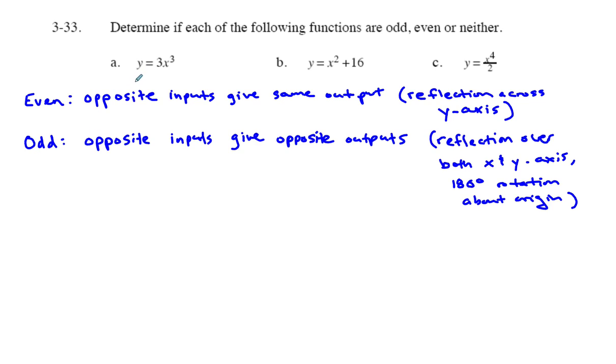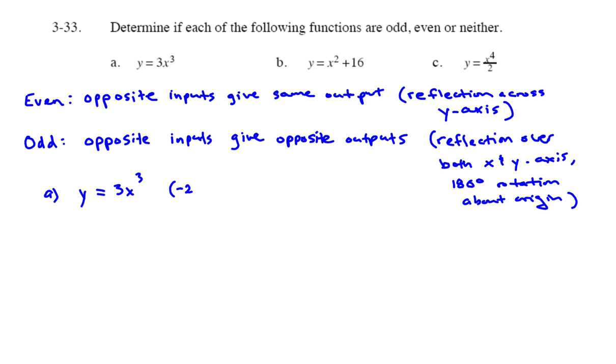The easiest way, I think, to determine if it's even, odd, or neither, which wouldn't follow either of those rules, is to just plug in values. Let's look at A. We've got y equals 3x to the third power. Let's choose a pair of opposite values, -2 and +2.